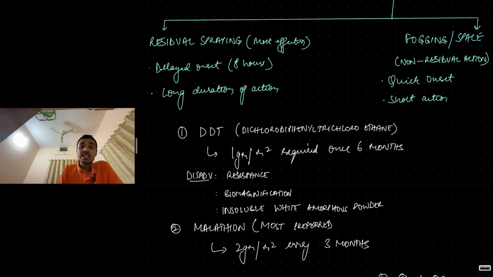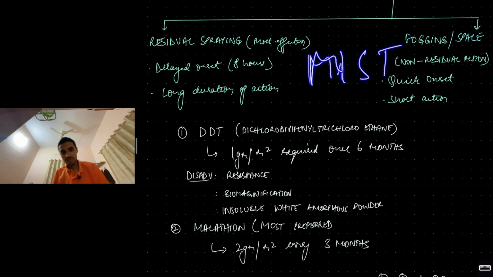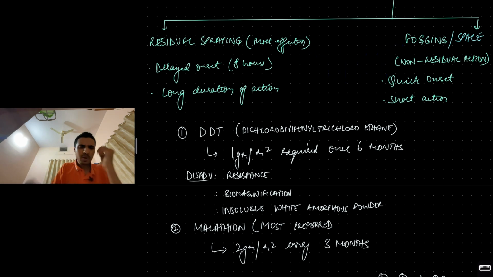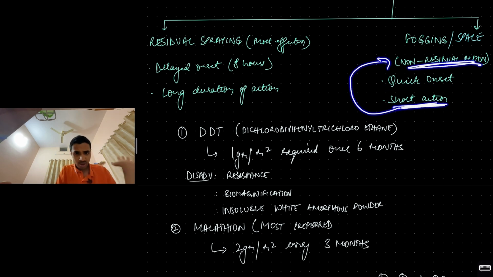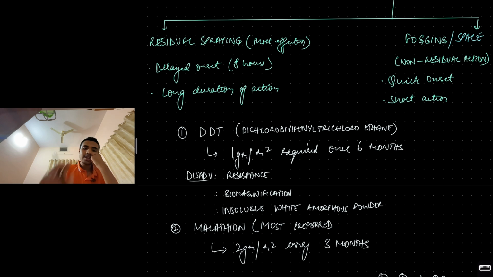Whereas space spraying or fogging, what you're doing is you're using a mist machine. Basically, you're spraying it in the form of aerosols or mist. So very, very quick onset of action. You don't have to wait for 8 hours. But short action. Why? There is no residue, non-residual action. What are these adulticides? Chemicals that kill adults.